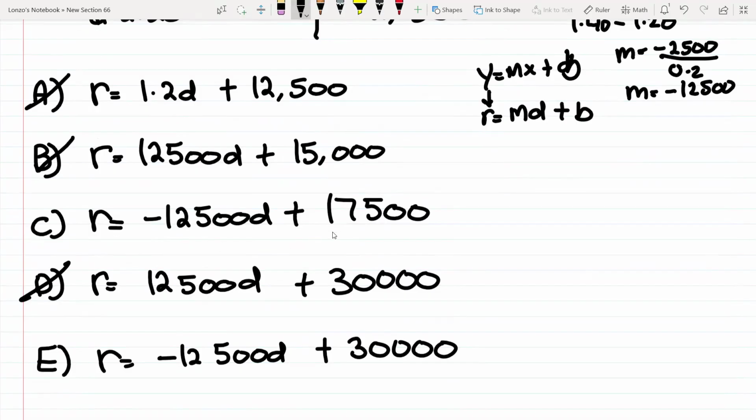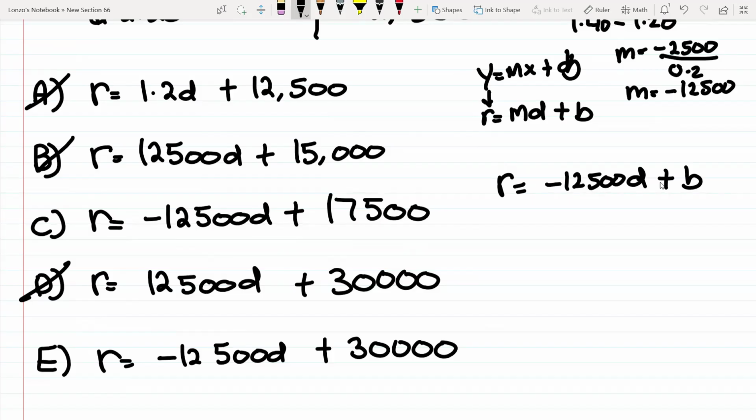Now, how do we find the y-intercept? You can isolate b using one of the 2 points you chose, but that would take a long time. So our equation is going to be R equals negative 12,500 D plus b.